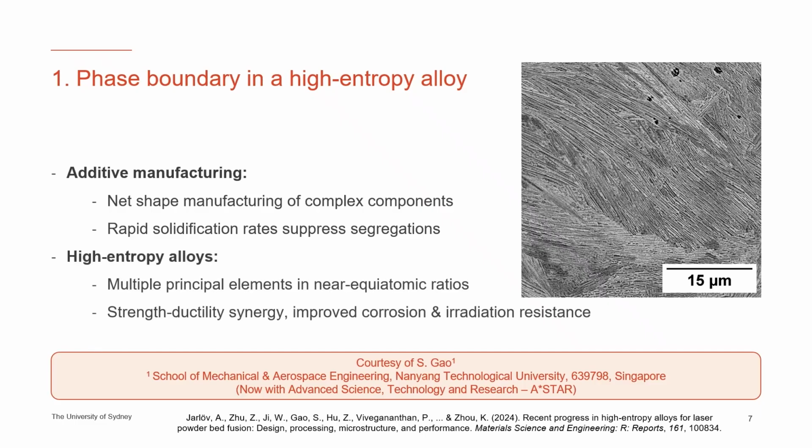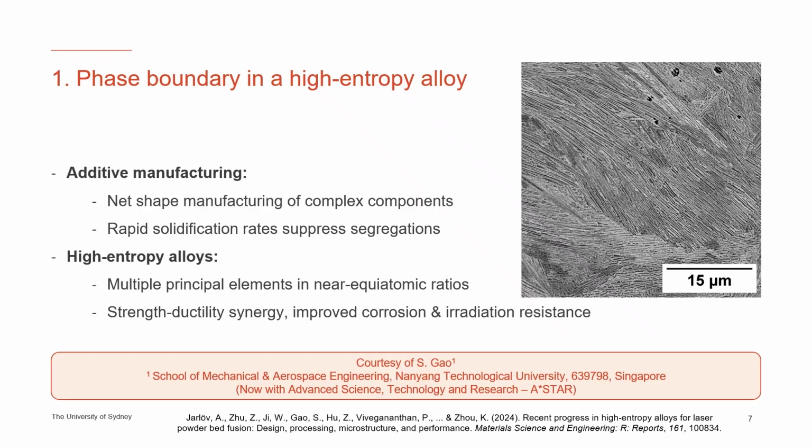That's important because high-entropy alloys contain multiple principal elements in near equiatomic ratios. And this is necessary to achieve a synergy between strength and ductility while improving corrosion and irradiation resistance. On the top right, you can see an exemplary micrograph of how the microstructure of such an alloy looks.